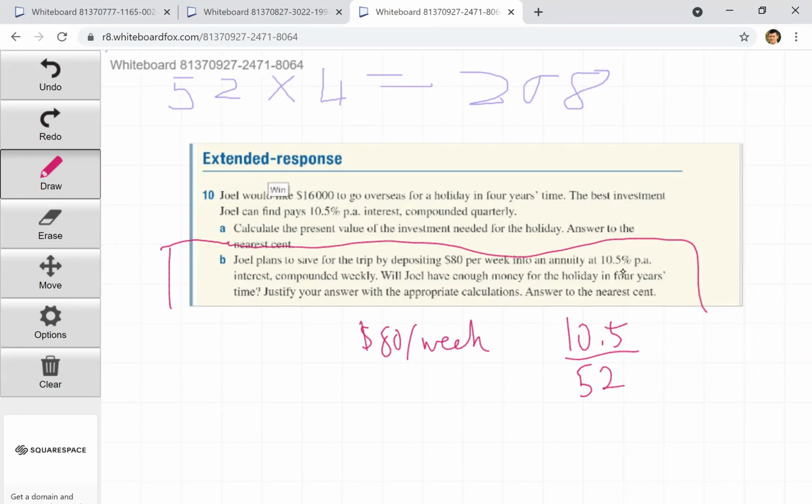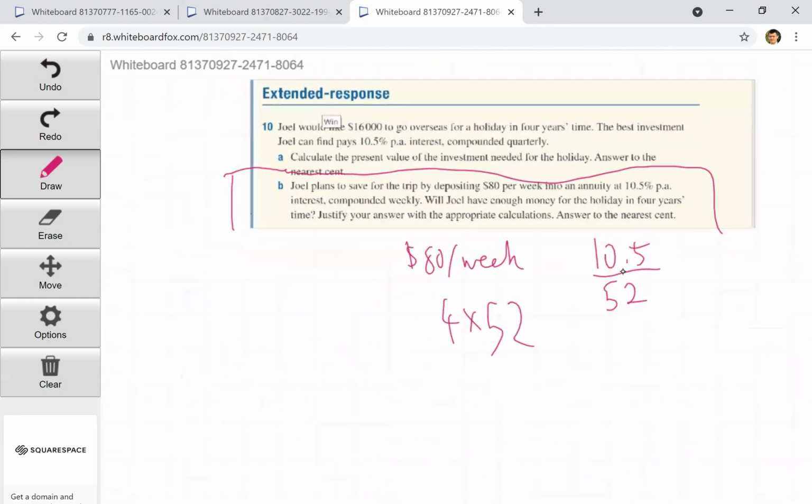And then you're doing 4 years, so that's 4 times 52 weeks, right? And 48 is like the biggest value on your table, right? And what is the interest rate for that?